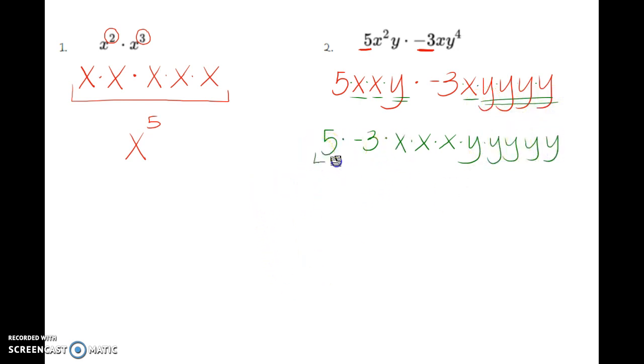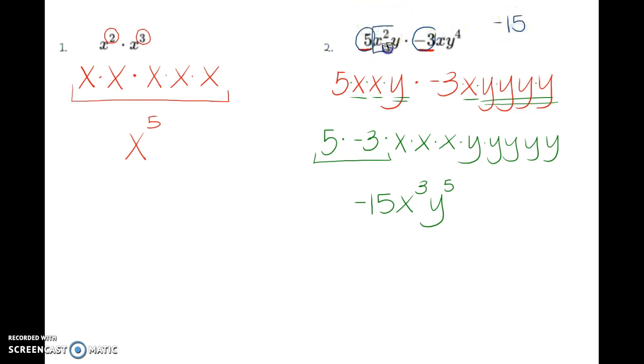So here we can see 5 times -3 is -15. X times x times x, that's going to be x cubed. And y times y times y times y times y will be y to the fifth power. And if we look back at the original problem, all we did was take 5 times -3 to get -15.